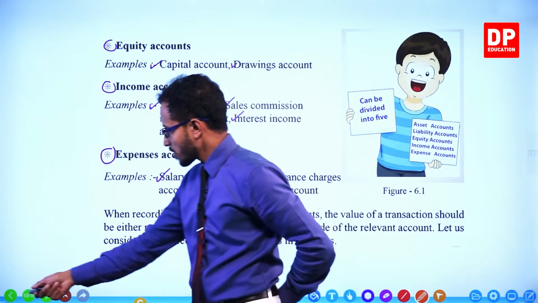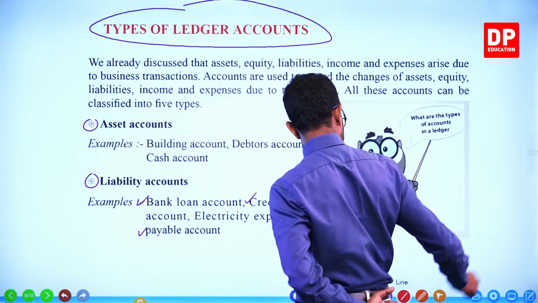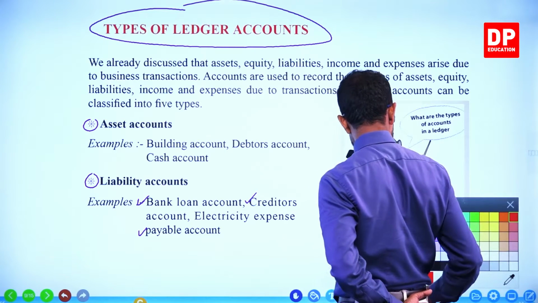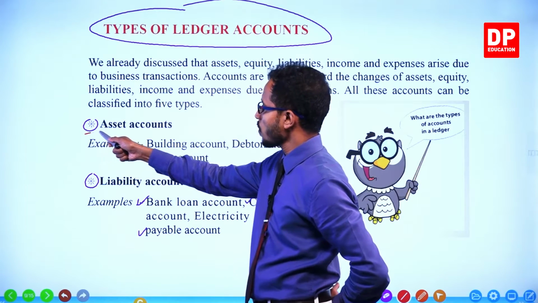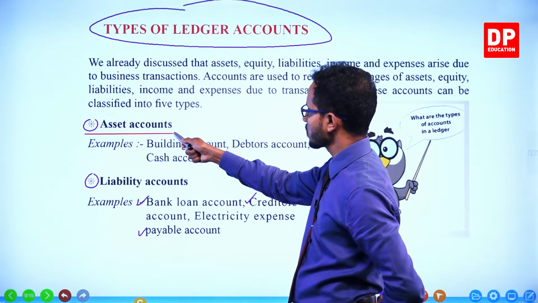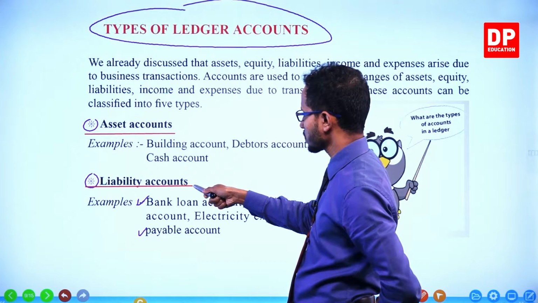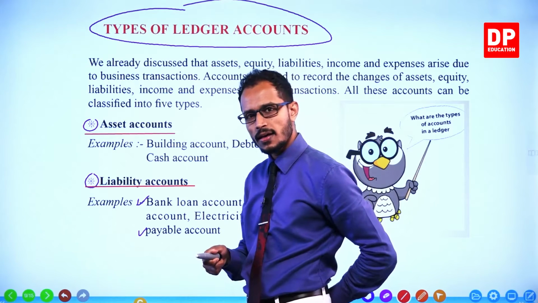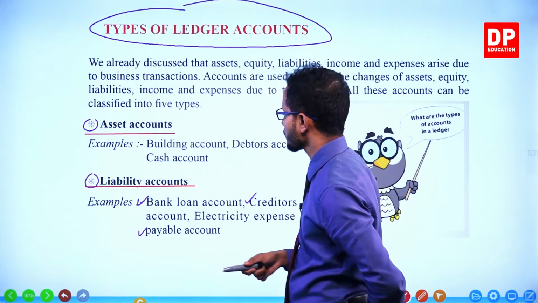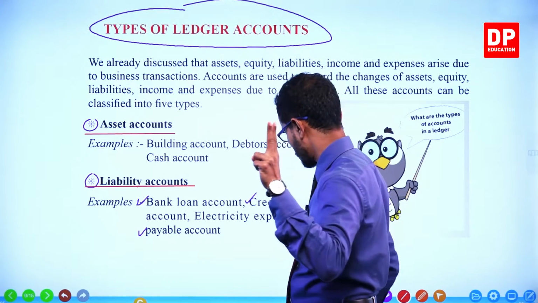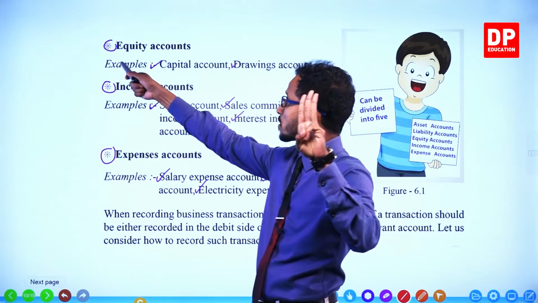But basically, children, how many types of ledger accounts should you remember? One, asset accounts. Two, liability accounts. Three, equity accounts.